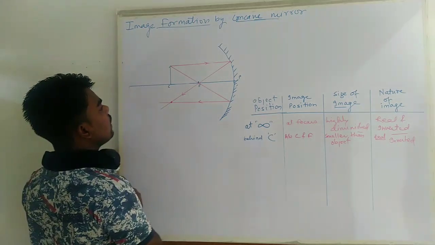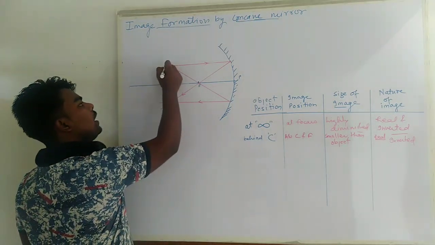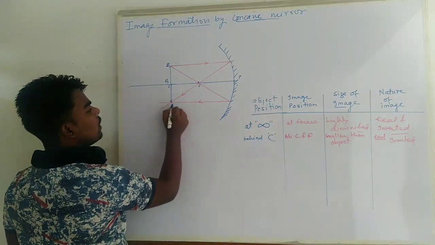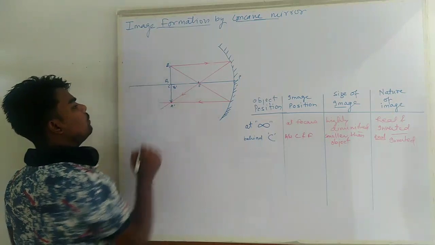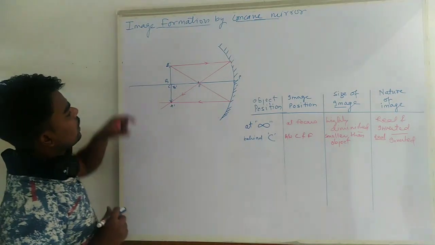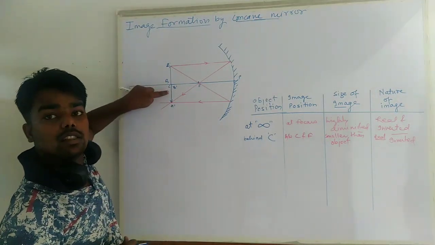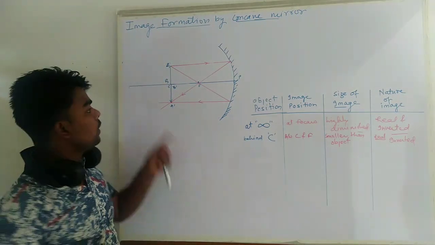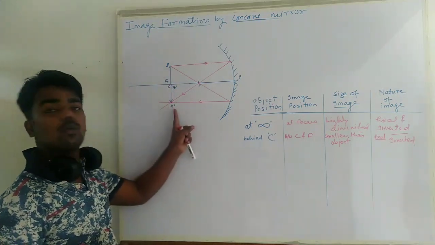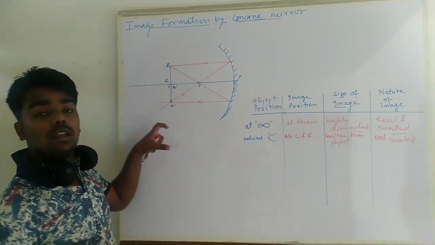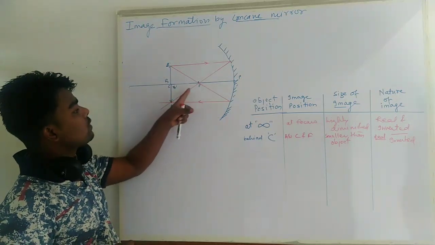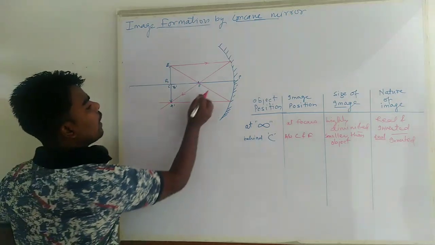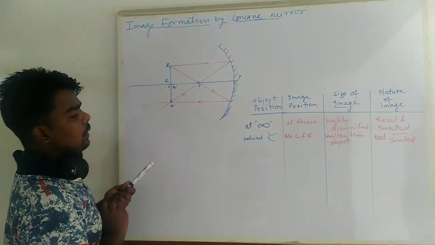Then here the light rays are intersecting, so suppose this was our object A and B, the image you will see opposite here, A dash, B dash, and you will see the image is also forming at C only, and you will see the size of both of them is same. Okay, so when the object is placed at C, the image will also form at C. Size will be same, nature will be, because the light rays are intersecting in real, so that will be your real and inverted image, that will be nature.